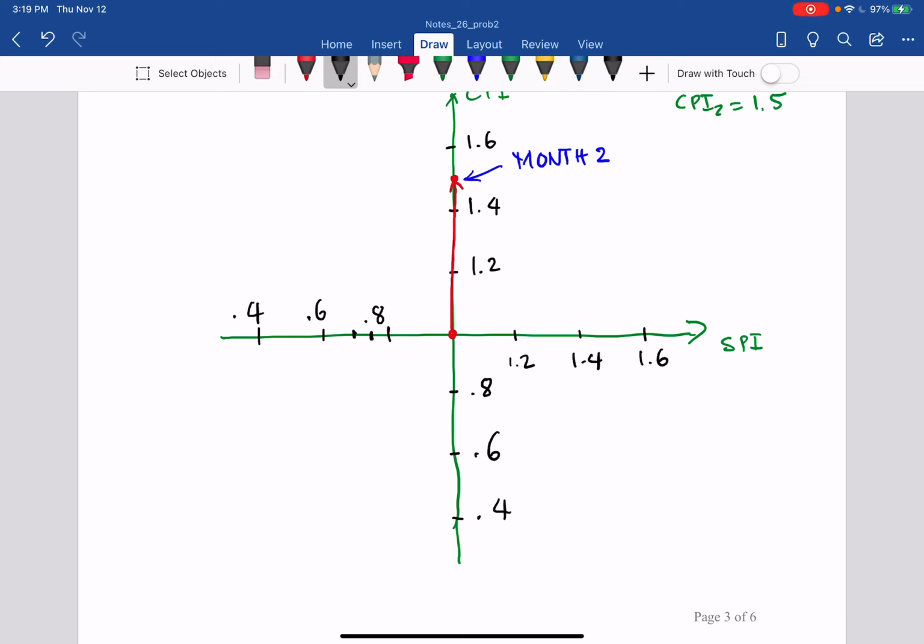So 0.75 is here and 0.9 is there. The arrow goes down to that point in month 4.